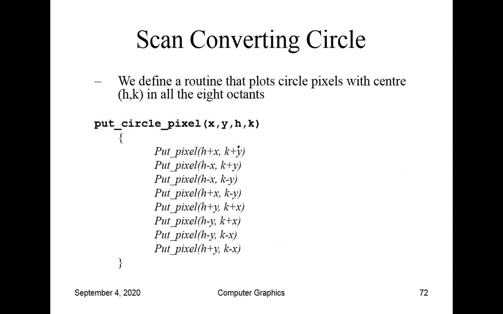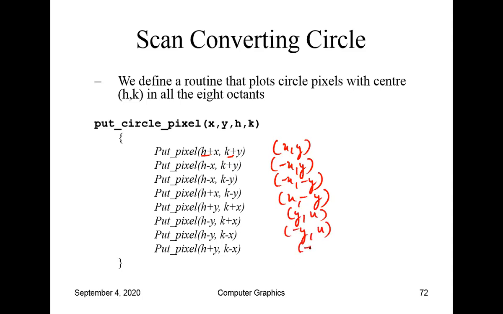So we'll be using this, where h and k are 0. When we draw this, first we draw x, y, then minus x, y, then minus x, minus y, then x, minus y, then y, x, then minus y, x, then minus y, minus x, and y, minus x.